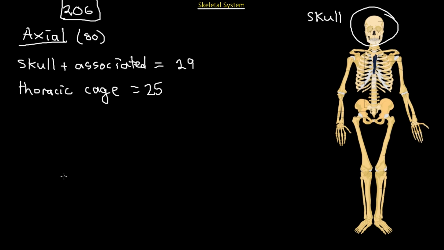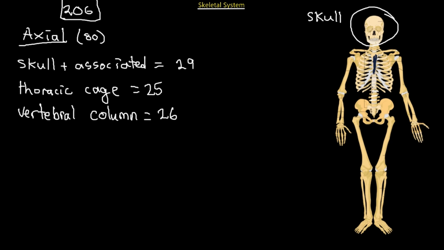And the last part would be the vertebral column, so that would be the vertebrae. If we do the math right, it's 26 bones in the vertebral column. We've got 24 vertebrae.